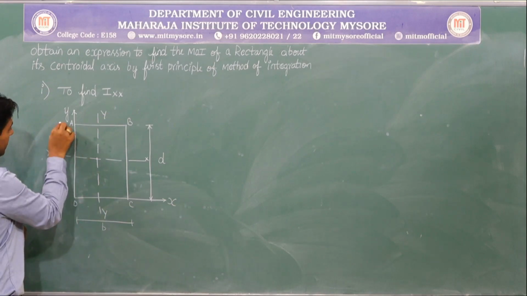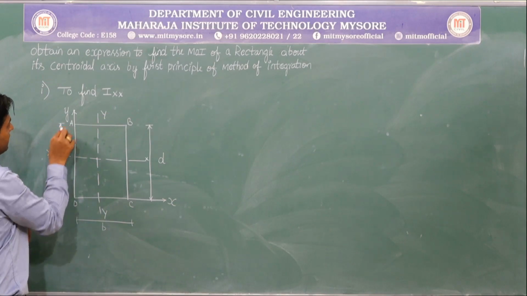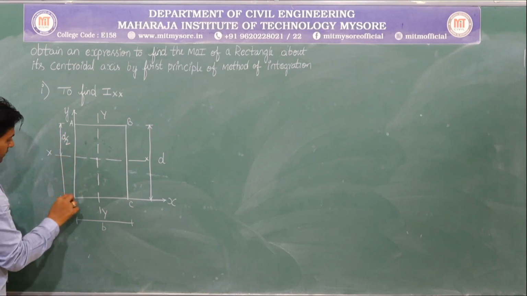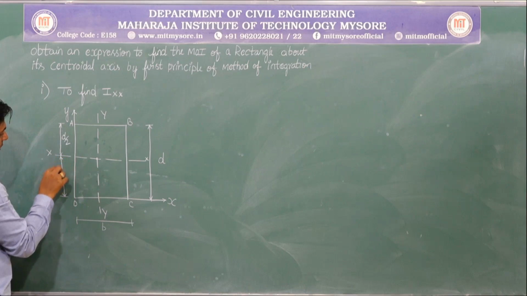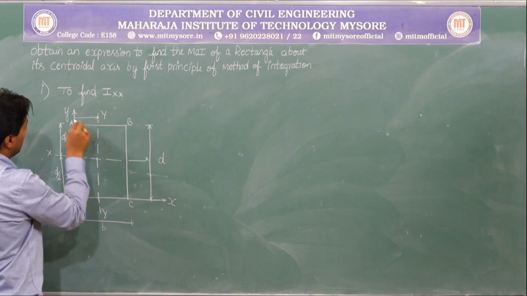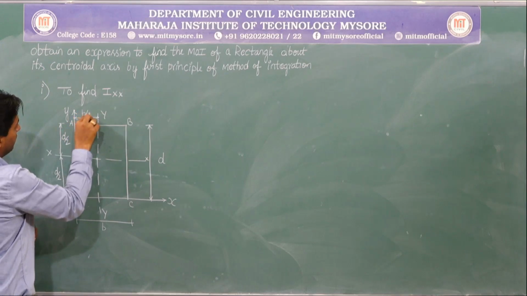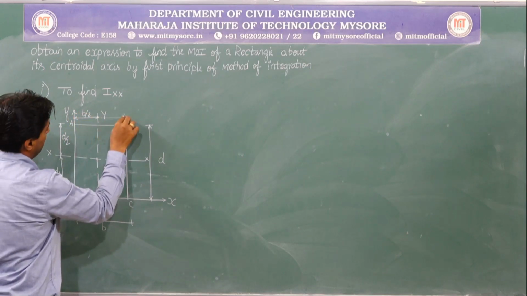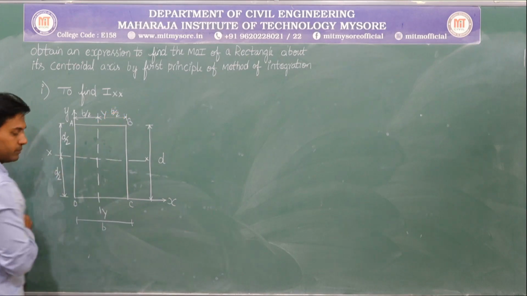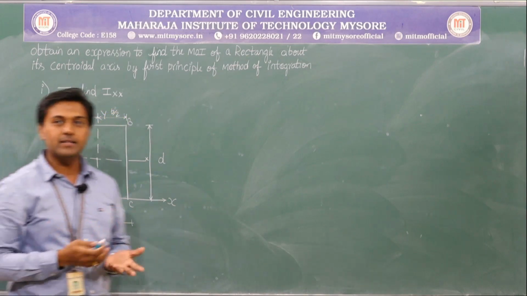What will be this particular distance? This will be d by 2. This is also d by 2. Similarly, this will be b by 2, and this will be b by 2.